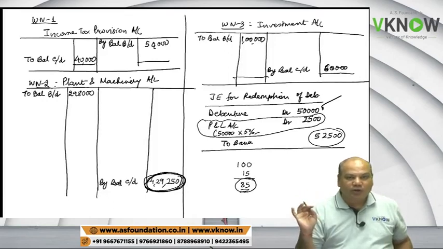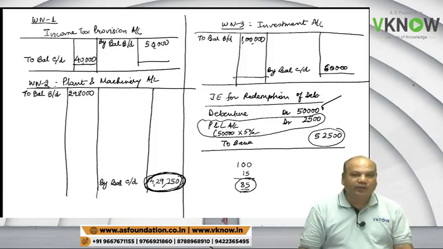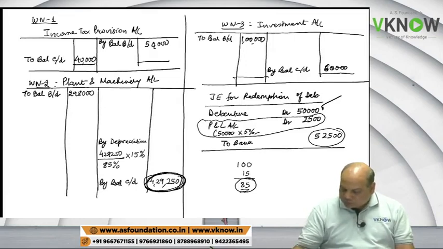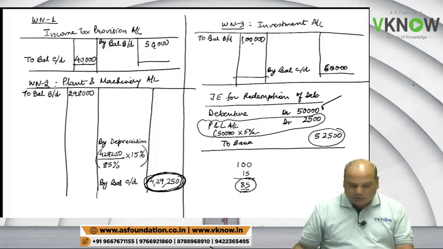Can I say that 429 250 is 85% of the asset value before depreciation? So therefore I will write here depreciation reverse working: 429 250, divide by 85% and then multiply by 15%. So this will give you depreciation 75,750.